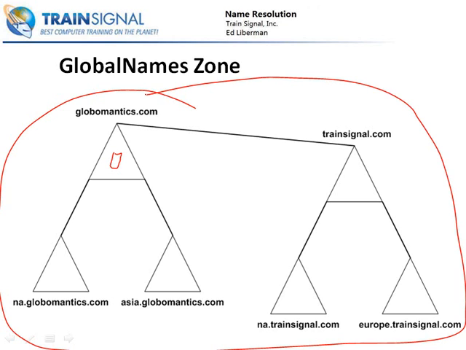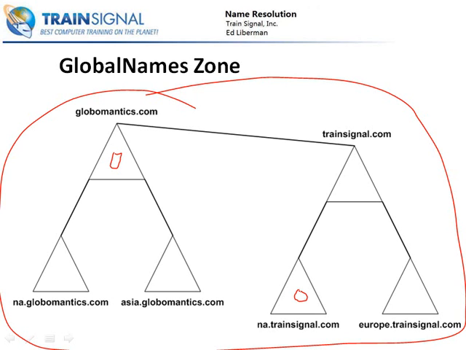And we want users to be able to access it by just simply entering the name server 1. So let's go down here to the na.trainsignal.com domain, and let's say there's a client down here that wants to access that server. This client puts in server 1 and wants to resolve to that particular server.